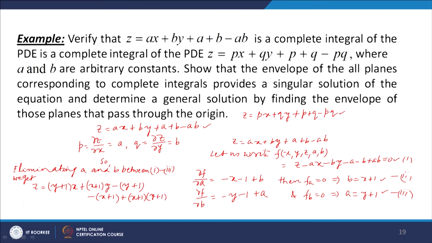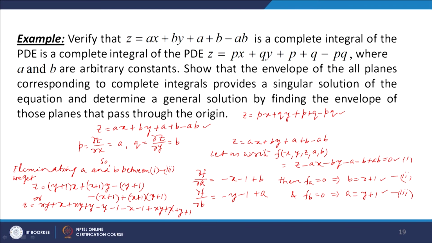So, let me simplify, z equal to xy plus x, okay, then we have xy plus y, okay, we have minus y minus 1 minus x minus 1, then let us multiply (x plus 1) and (y plus 1), we have xy plus x, and y plus 1. Okay.